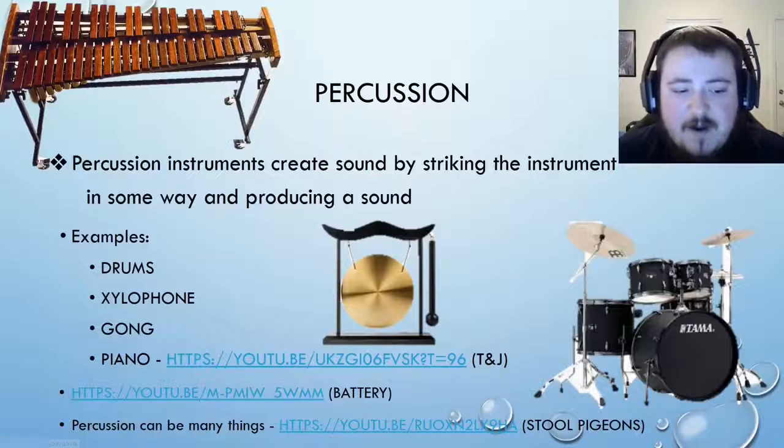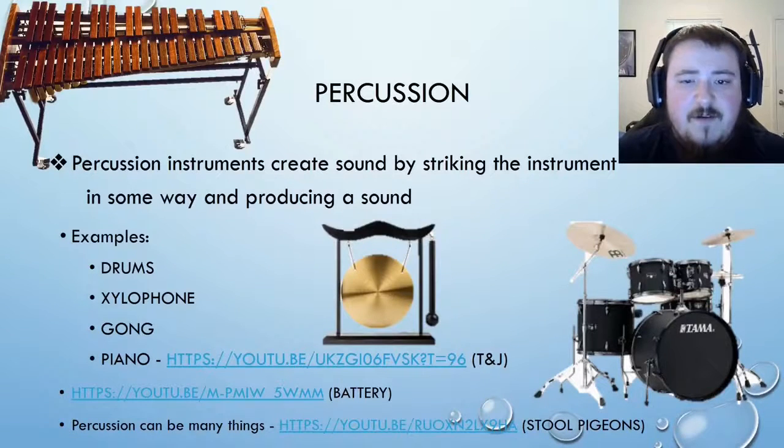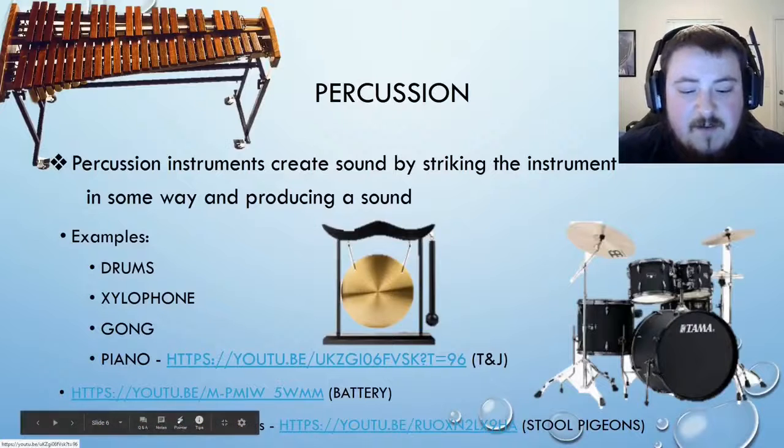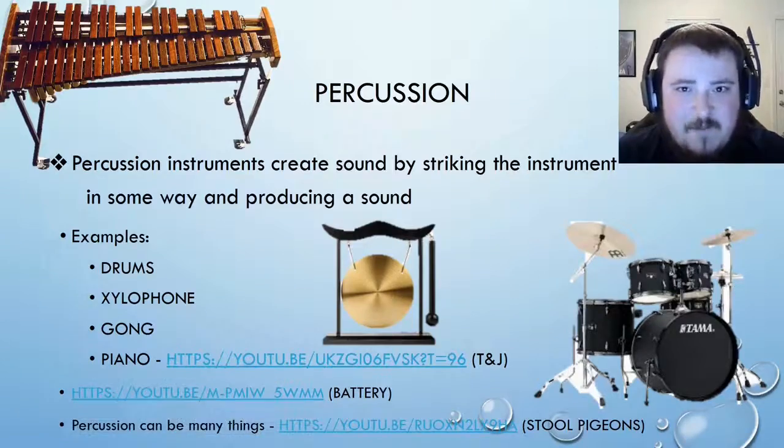Now, piano is also considered a percussion instrument, and this is a cartoon, but it actually perfectly shows what happens inside of a piano.